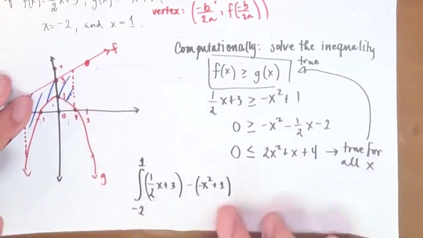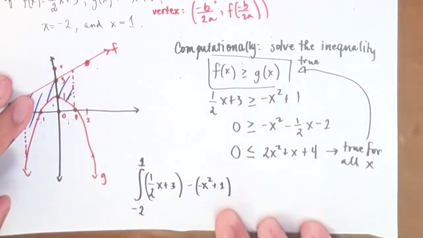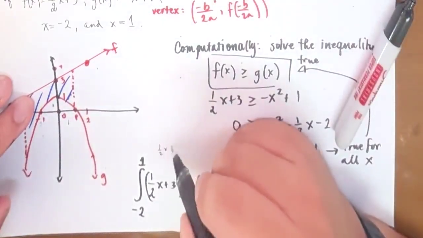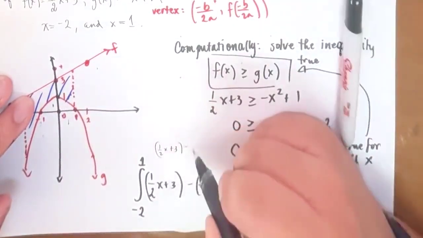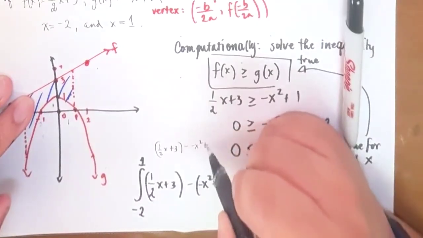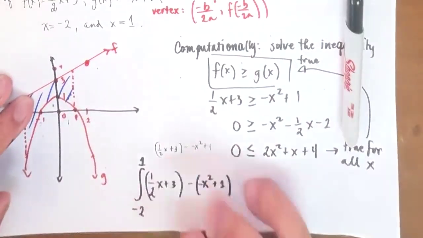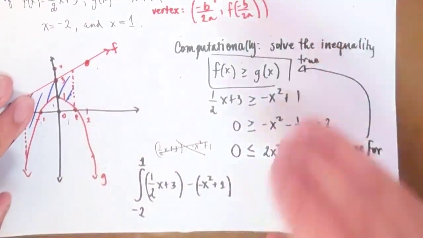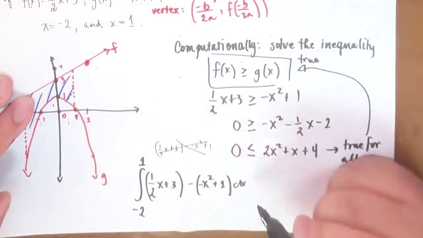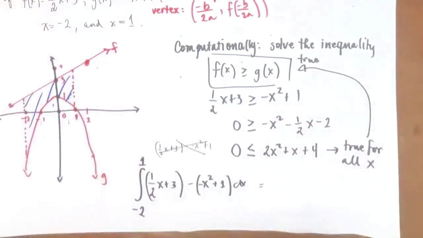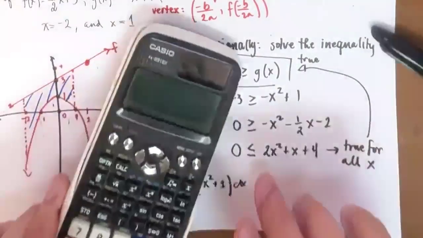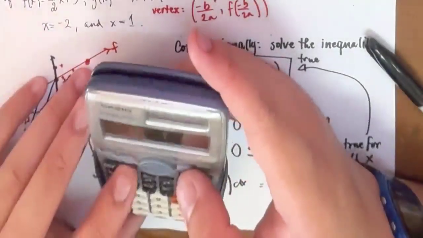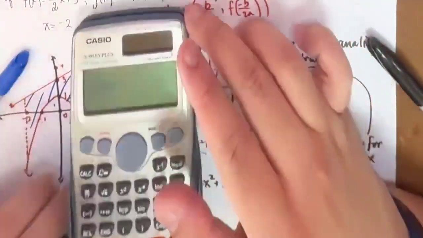Notice that I am enclosing everything in parentheses. Don't just write 1/2 x + 3 minus -x² + 1. Don't just write that. This is bad math. And of course, dx. Now, we can calculate that.